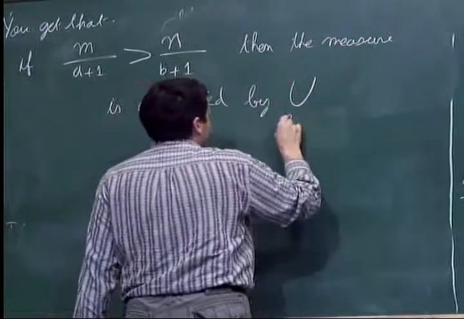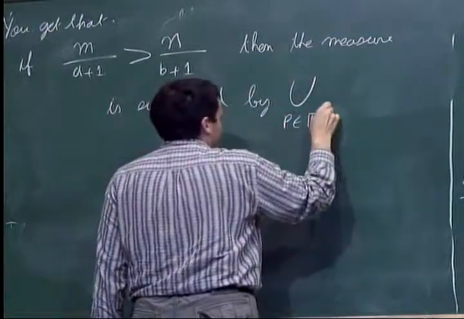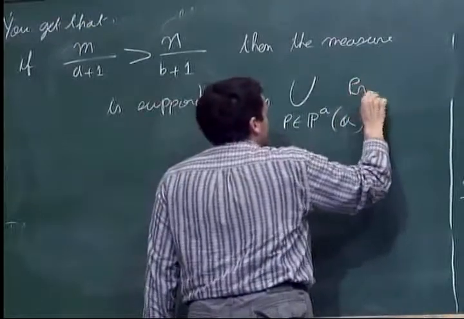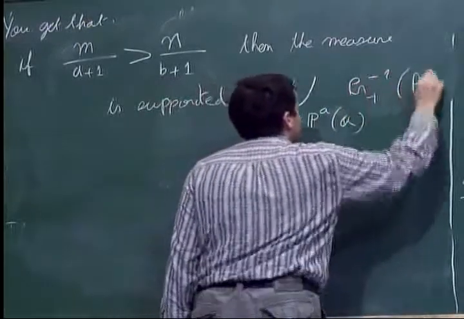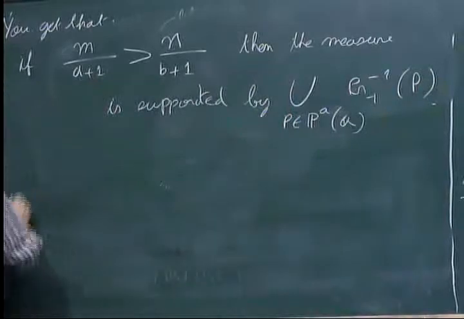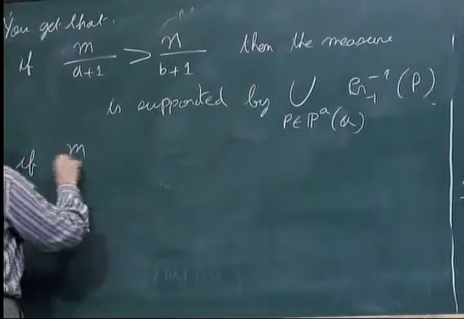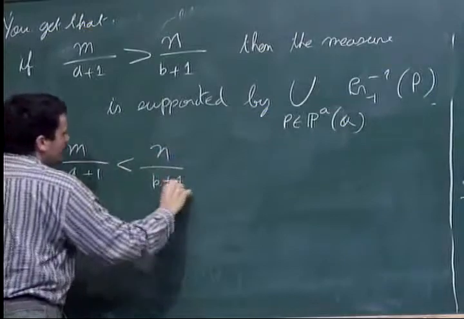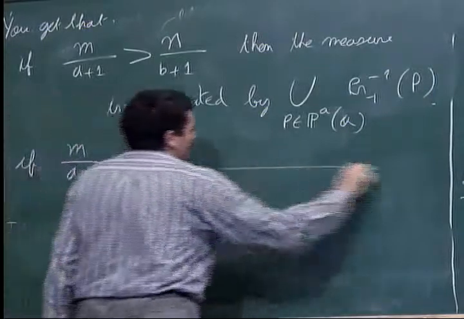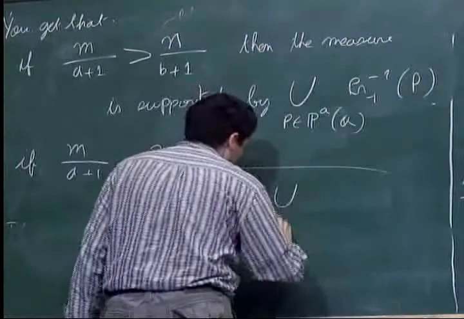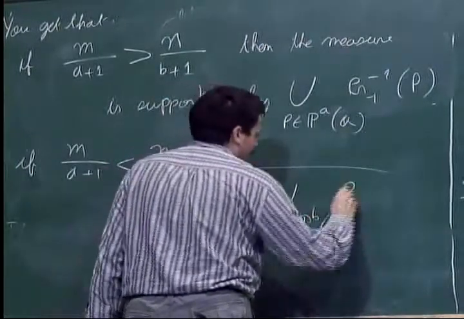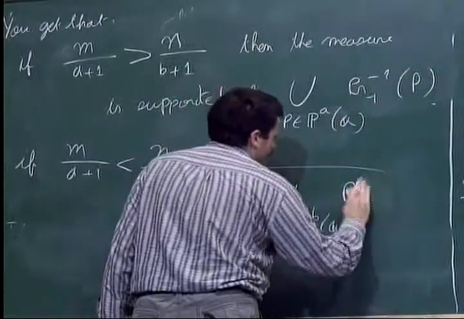The union for P in P^a of Q of the fibers over P. If m over a plus 1 is less than n over b plus 1, you get a similar result, but instead with the fibers of the second projection.